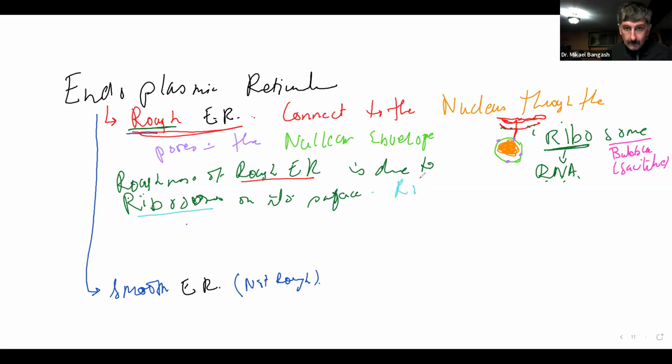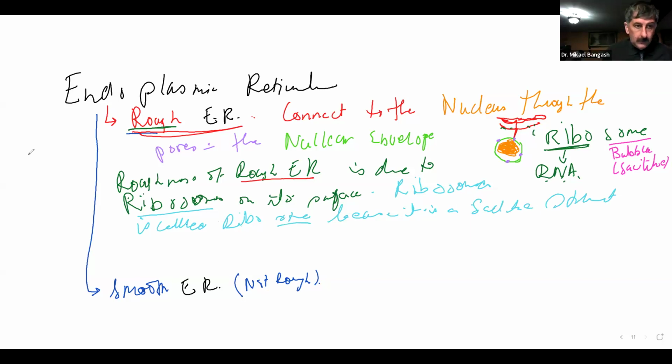Because ribosome is called ribosome because it is a sac-like structure, the some part, that stores RNA. Did you guys get that? Clear? Okay.